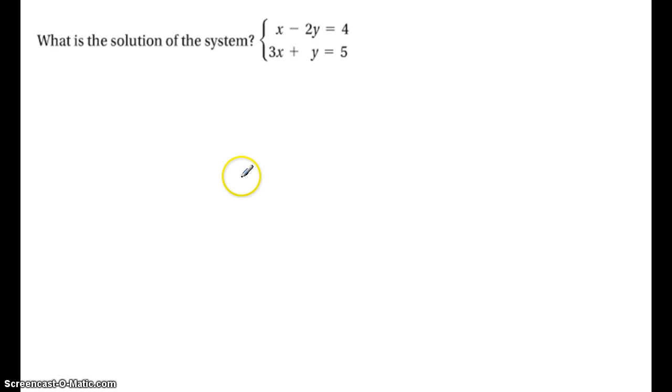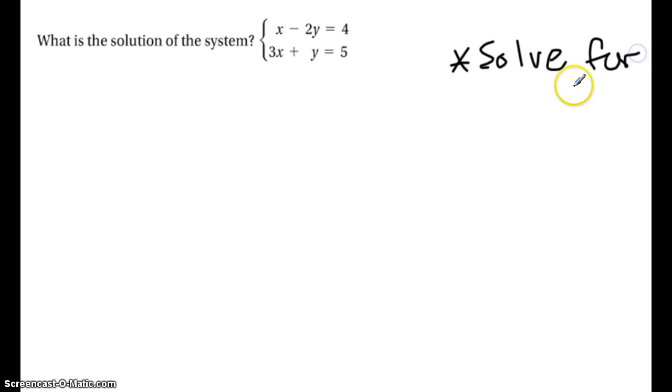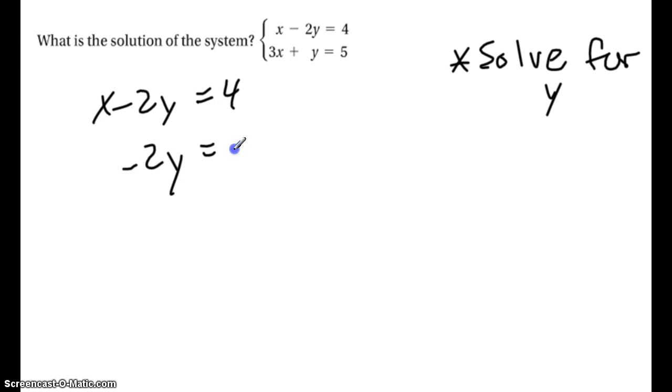Let's take a look at another one real quick. First, solve for y. So I'm going to have x minus 2y equals 4. Subtract x from both sides. Don't forget those negatives.